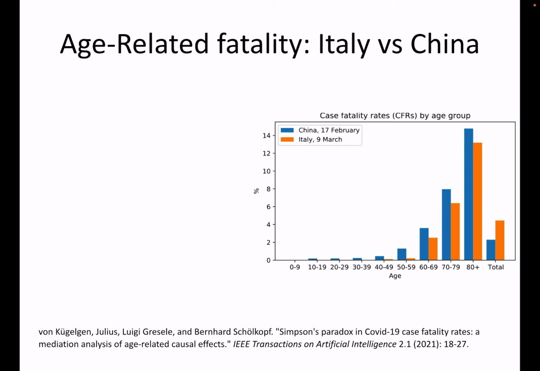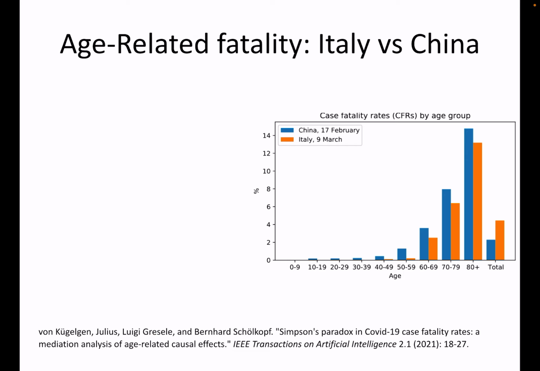So any other ideas what might be going on? Yeah. Maybe they calculated more like elderly people versus younger people. Yeah. For certain parts of the graph, I guess. And the total they took.